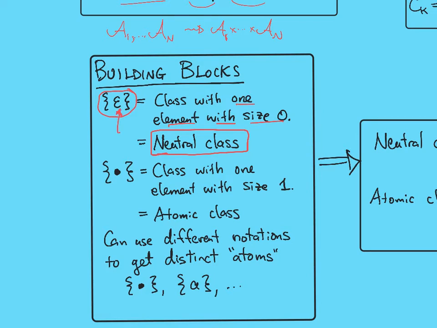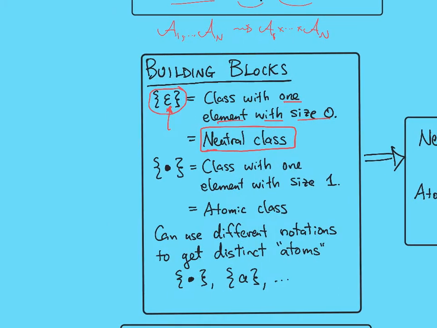But there could be various neutral classes that are actually disjoint. So we might need several neutral classes where we consider these neutral elements different. And so it helps to have this kind of flexibility. So usually in context, we'll just say let these things be neutral classes.